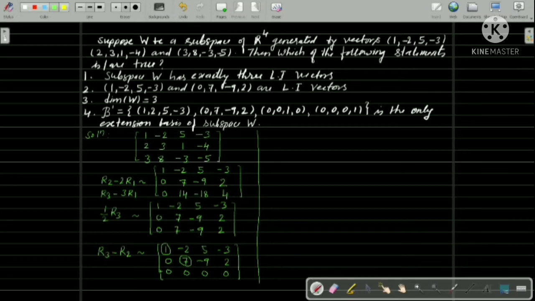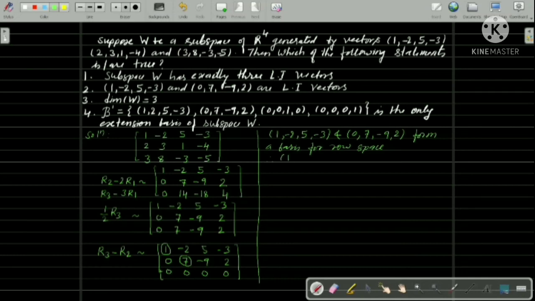Therefore (1, -2, 5, -3) and (0, 7, -9, 2) form a basis for the row space. Therefore these vectors are linearly independent.